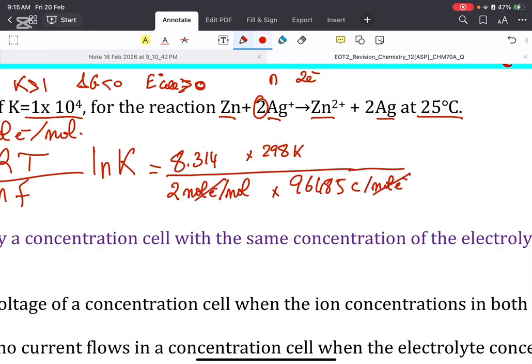So mole electron and mole electron, they cancel out. And K, this one is in Kelvin.